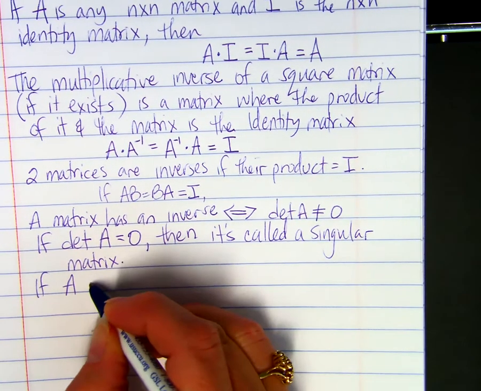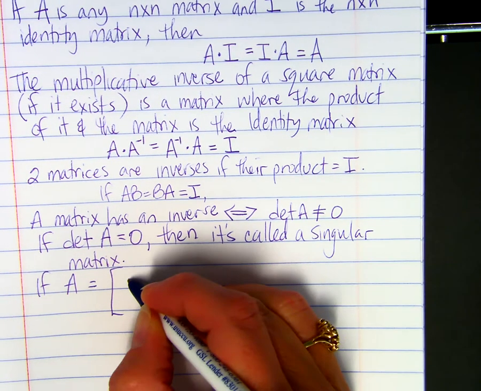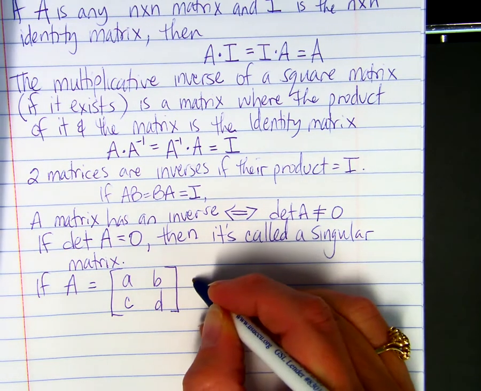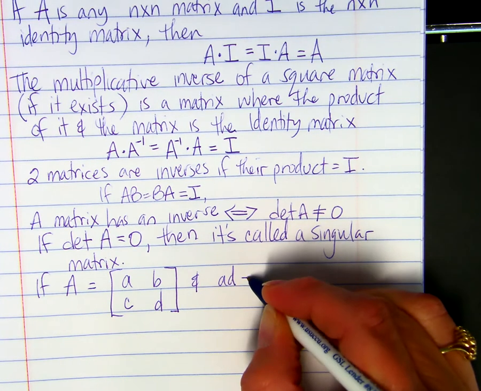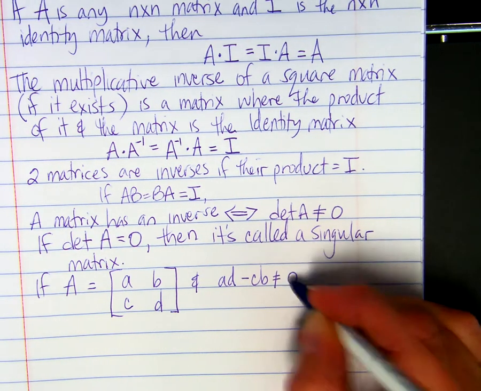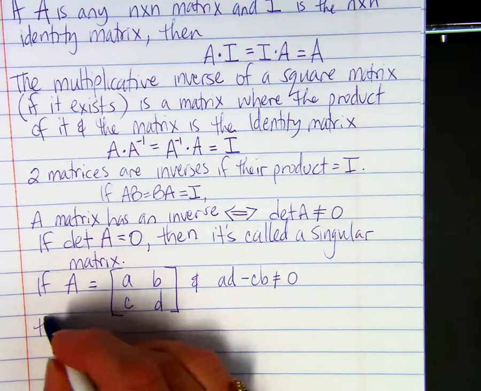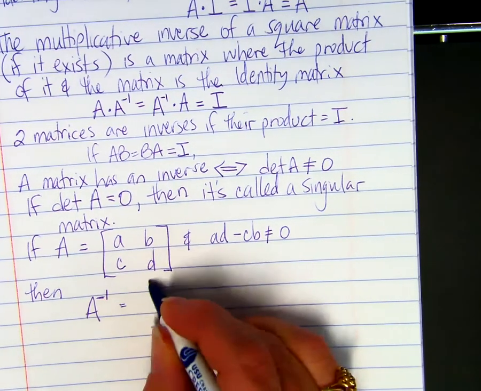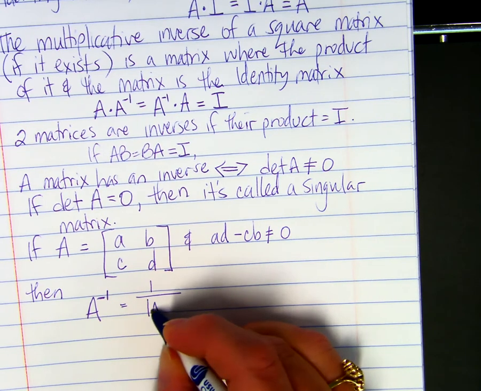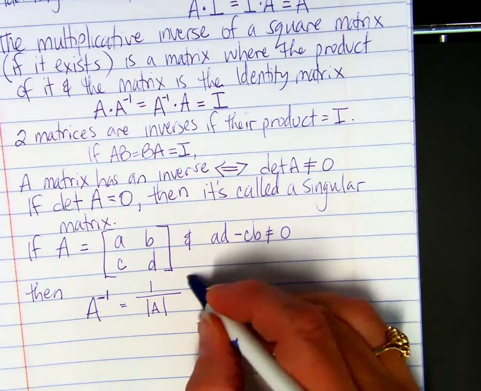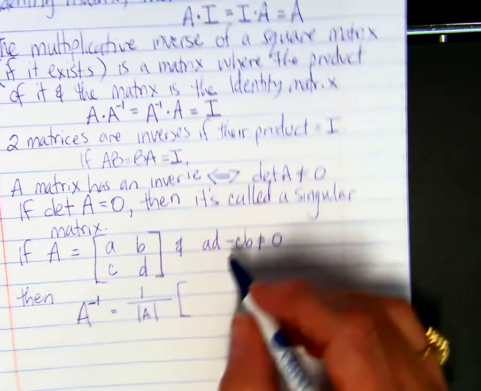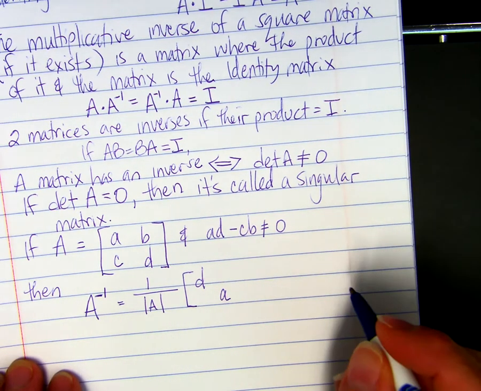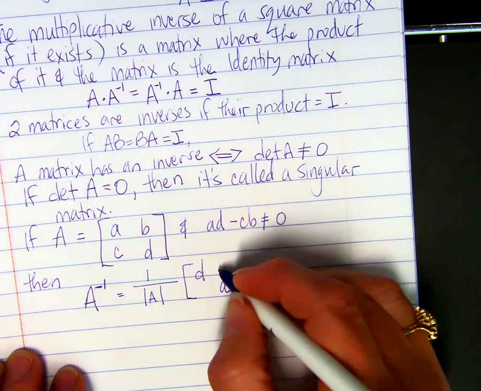So if A equals a square matrix, with A, C in the top row and B, D in the bottom, going top to bottom, and AD minus CB, that's the determinant, does not equal 0, then the inverse of A, or A to the negative 1 power, is equal to 1 over the determinant of A times the matrix where you switch the entries on the main diagonal, so this becomes a D, that becomes an A, and you make the minor diagonal negative.